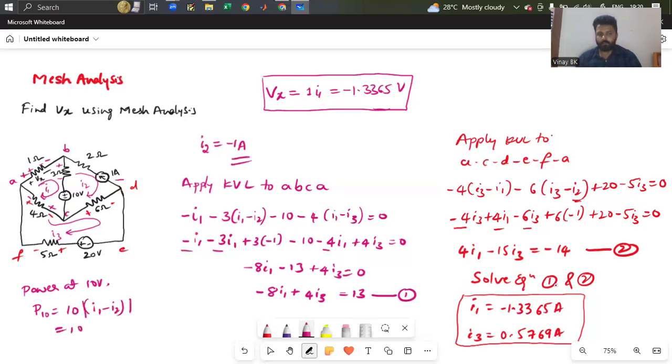I1 you know, I2 you know, I1 minus I2 is minus 1.3365 plus 1, that is minus 0.3365, and the modulus is 0.3365. You get the power as 10 into this, that is nothing but 3.365 watts.